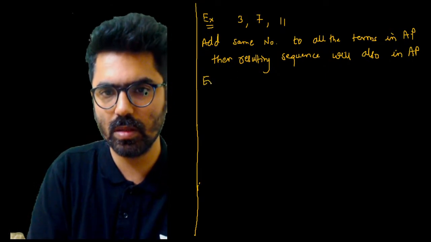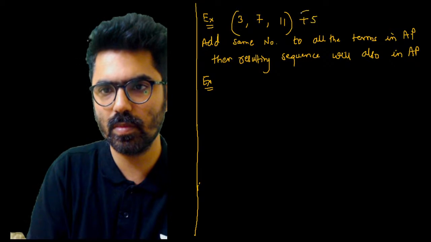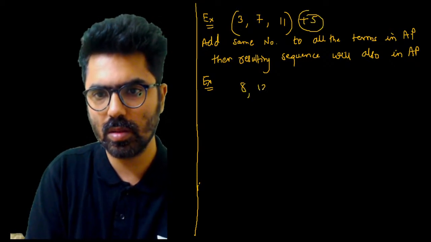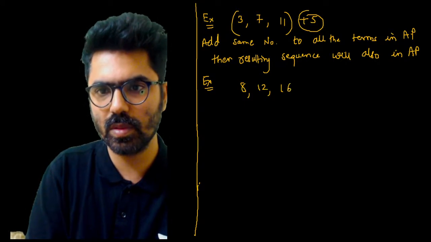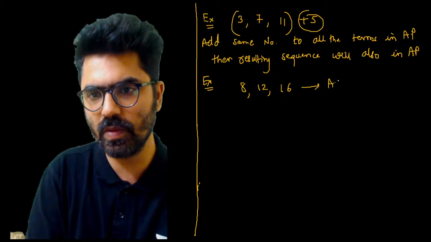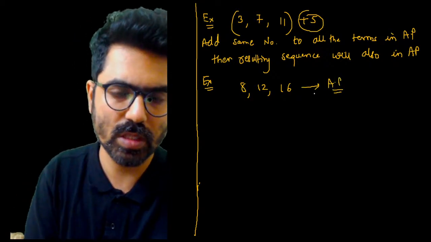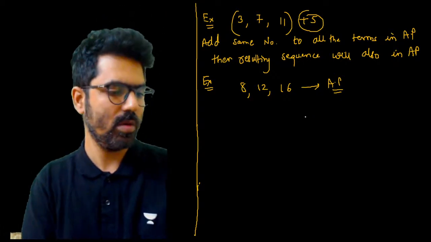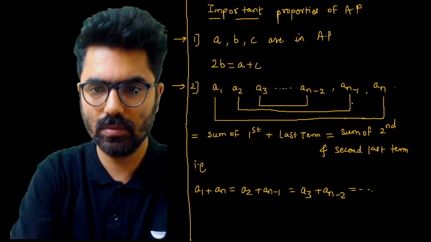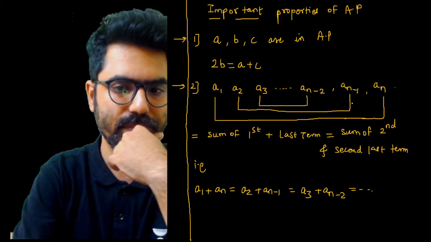For example, let's add 5 to each term. You will get 8, 12, 16. Here also the resulting sequence is in AP with the same common difference.